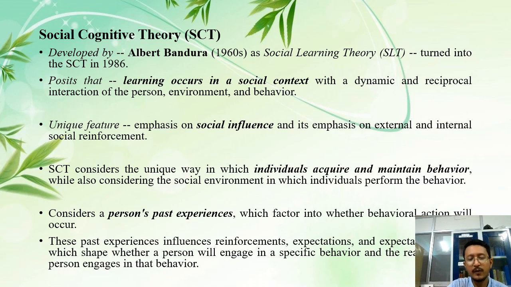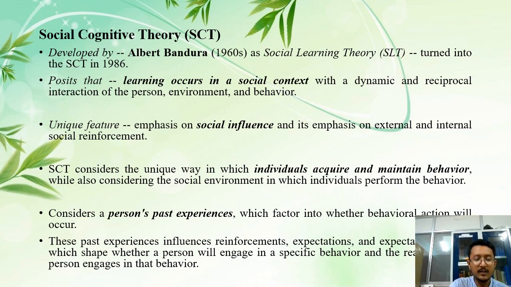The unique feature of this theory is that it lays emphasis on the social influence and also on external and internal social reinforcement. So the key element of this theory is the social influence, or the influence from the peers.